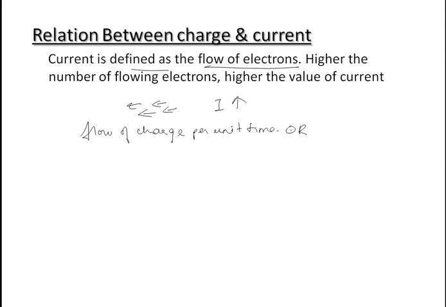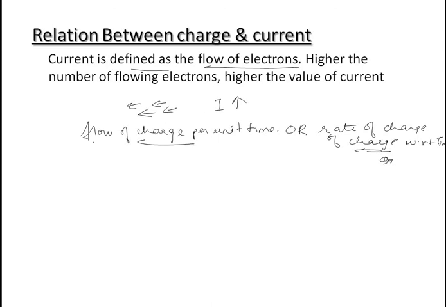Current can also be defined as the rate of change of charge with respect to time. We know that charge is Q, and the unit of charge is coulomb.